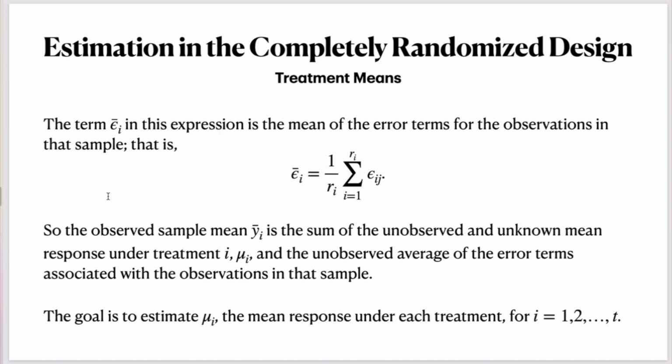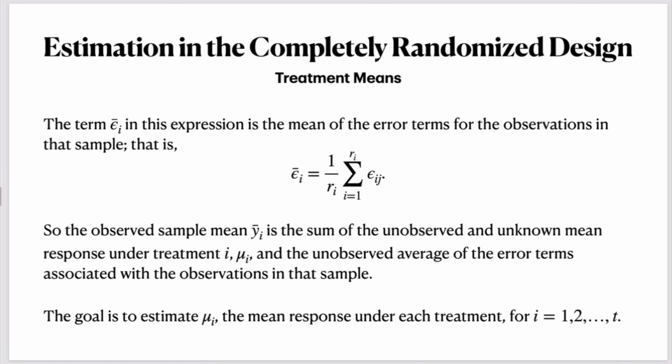The term epsilon bar sub i is the mean of the error terms for the observations in that sample. In other words, epsilon bar sub i is equal to 1 over the sample size of the sample receiving treatment i times the sum of those error terms.